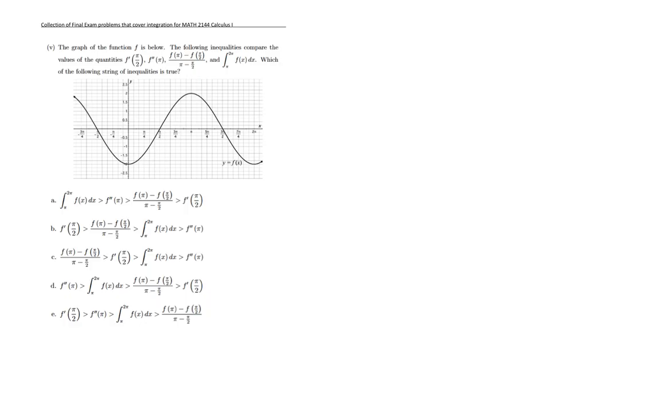So f prime of pi over 2, that's going to be some positive value. Okay, so that's the slope of the tangent line there. F double prime at pi, since it's concave down, f double prime at pi will be negative.